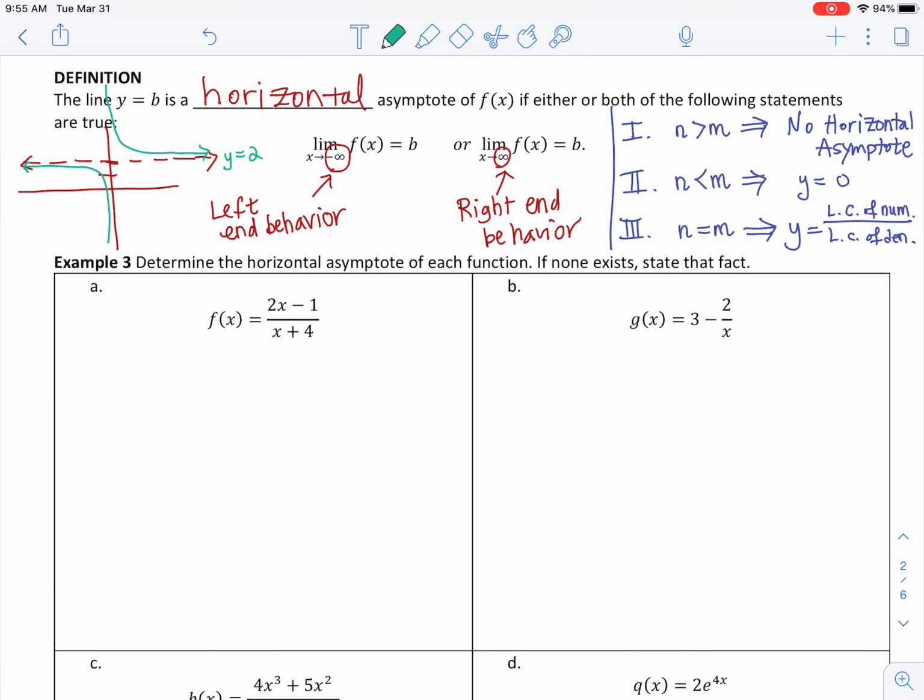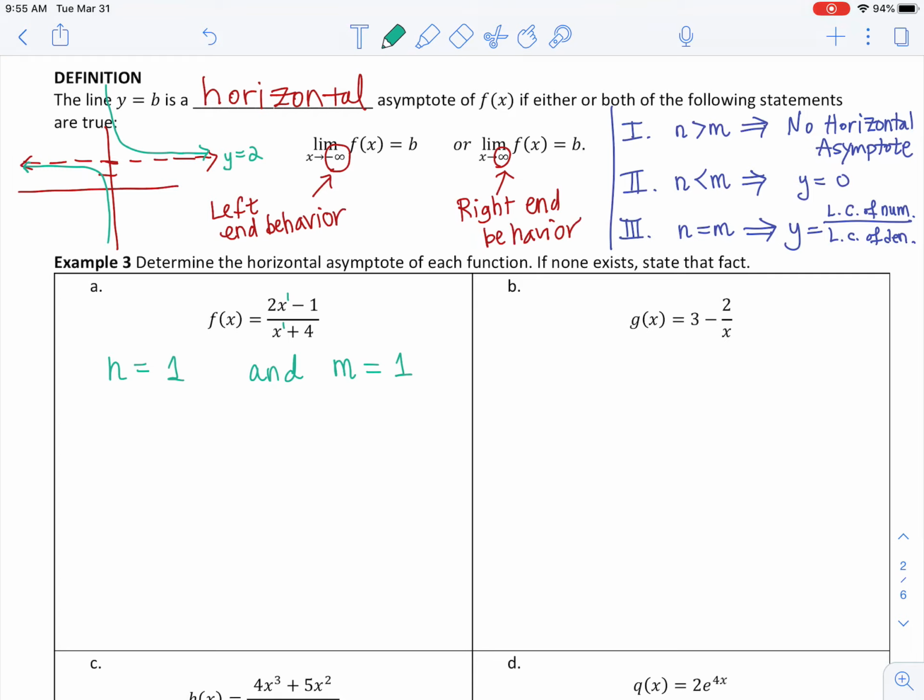So let's kind of do what we did in pre-calc. Look at the degree of the denominator and the numerator for f of x here. Degree of the numerator is 1. Why? Because this is 2x to the first power. The degree of the denominator, m, is equal to 1.